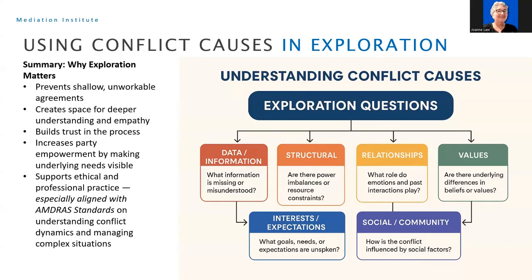Who else is involved in this? So this is usually going to be present particularly in workplace conflict and situations like that. And of course, interests, expectations, underlying goals, and needs are always there as well.